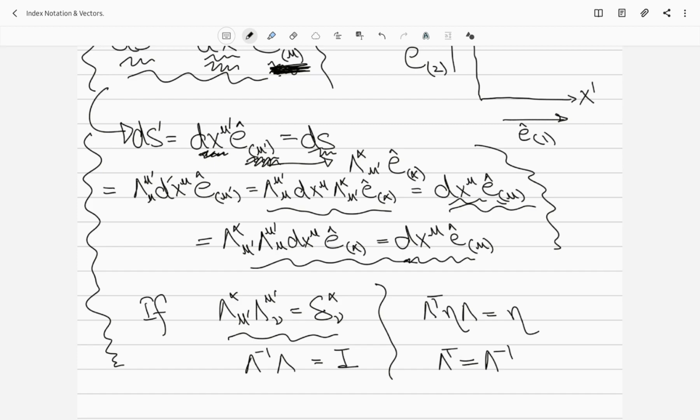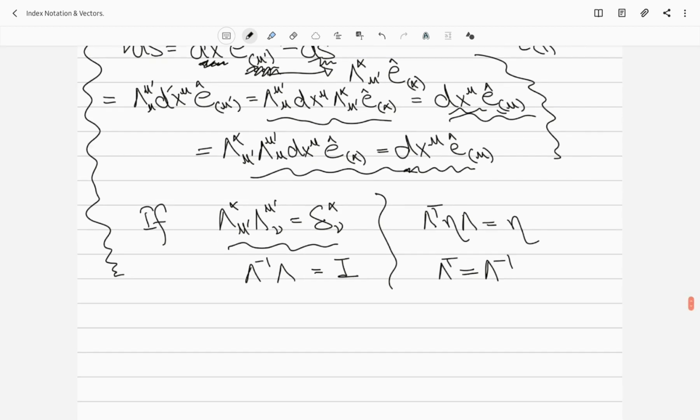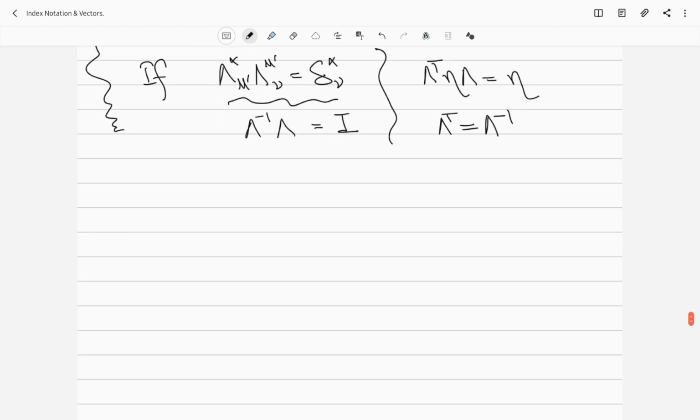We can recall that an arbitrary vector can be expanded, right? Say you have some arbitrary vector v, you can write that down as v mu and the basis is e hat mu, right? And this thing should be invariant under a coordinate change.